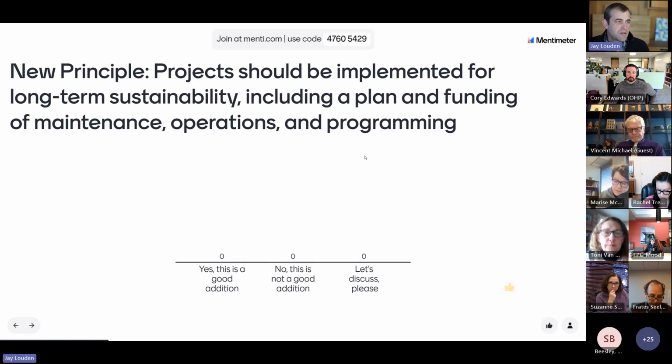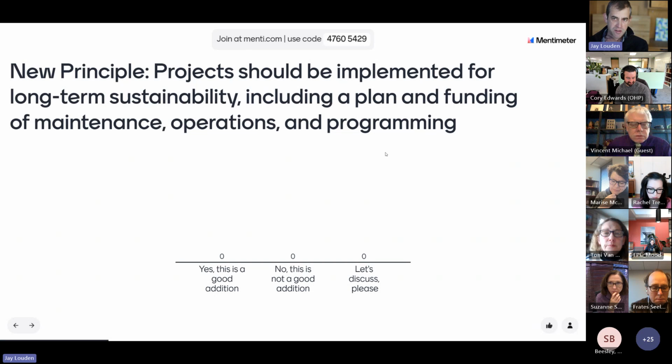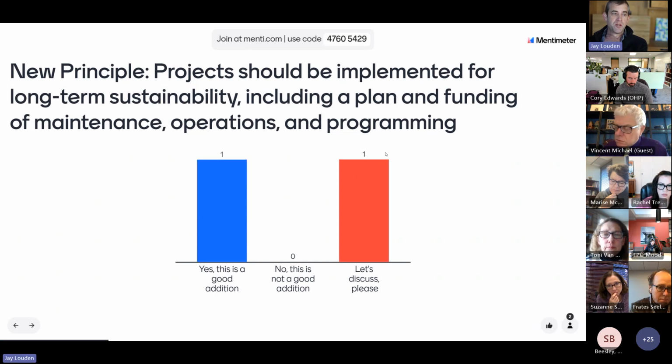Okay, so new principle, and this is brand new. This is actually something that had been a criterion in the land group, specifically that projects should include funding for long-term maintenance of natural features. But we heard in almost every group that we needed to broaden that, and it made sense to change it to a guiding principle.